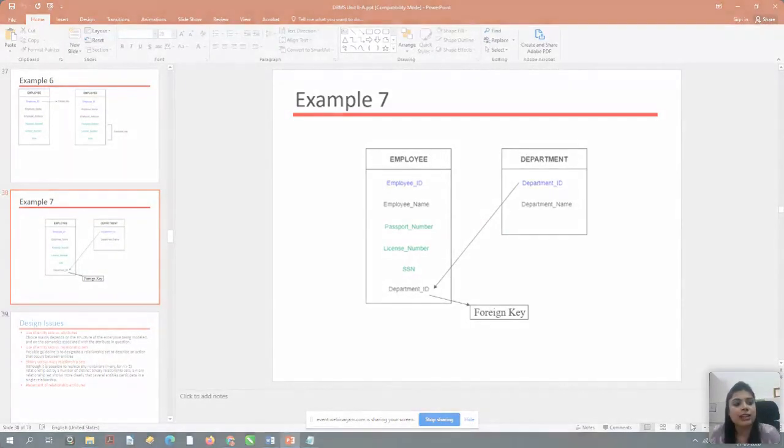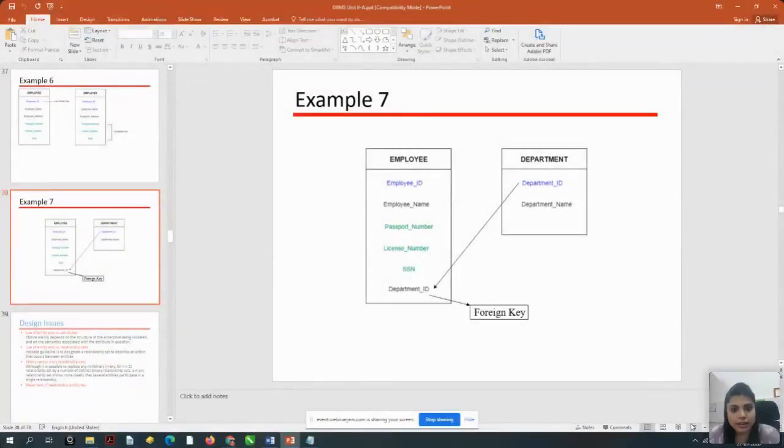And now again, one example of foreign keys we are going to study. Suppose we have 2 tables, employee and department, and we need to find out the department name in which the employee is working. Because in one table we cannot capture all the entries.